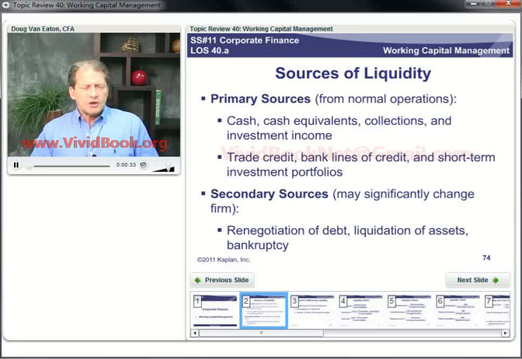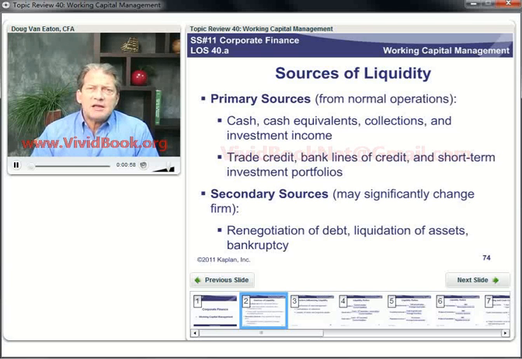So let's start looking at sources of liquidity. Our primary sources are cash, cash equivalents, collections on our accounts receivable, and any investment income that we have. We could have trade credit, right, our payables from purchasing supplies from our suppliers and paying them later, buying on credit.